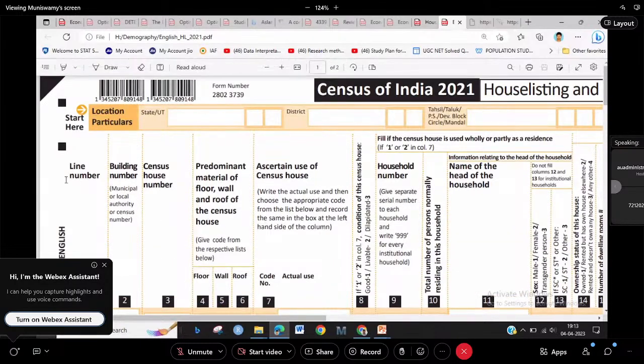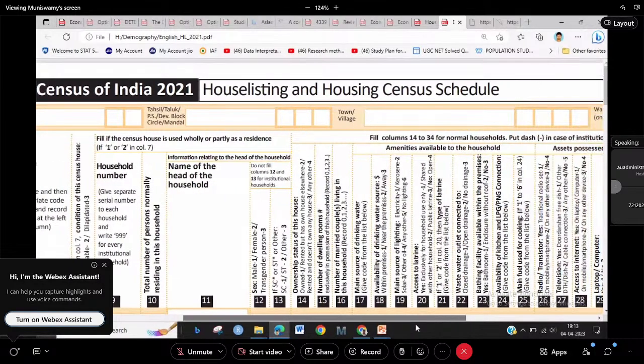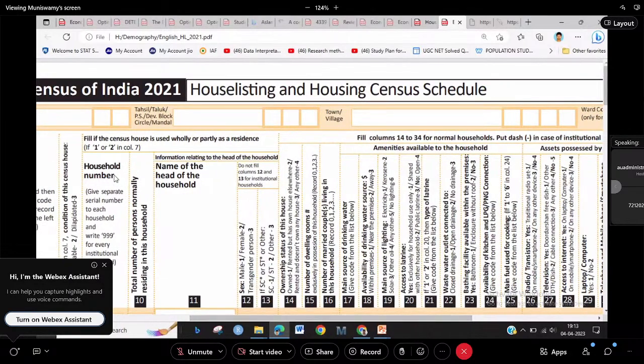You see, there are building number, census number, predominant material of floor, wall and roof of the census house. So they are gathering all this information.